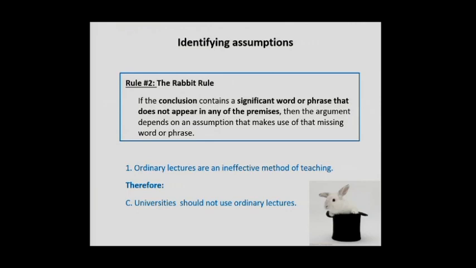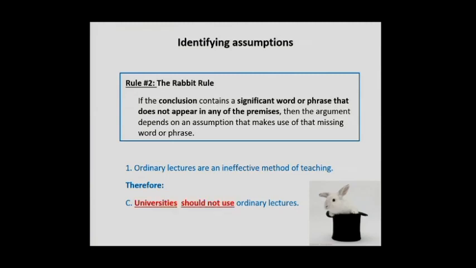Well, one indicator is if there's something surprising that turns up in the conclusion almost out of nowhere, as if being pulled out of a magician's hat, right? If something like that is happening, then that signals implicit assumptions, and that also gives you some indication of what that assumption is going to have to be.